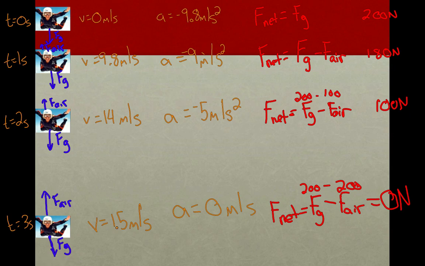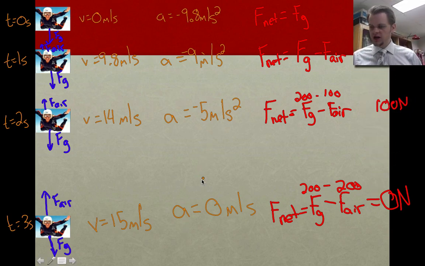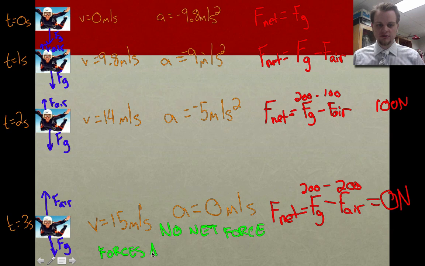And that's it. So to summarize, down here we have no net force. None. The gravity and air resistance are balanced out, which means that the forces are balanced.